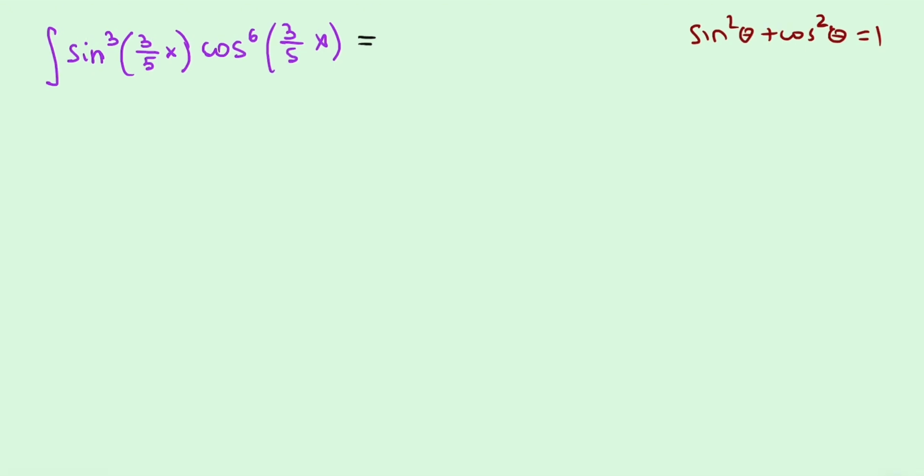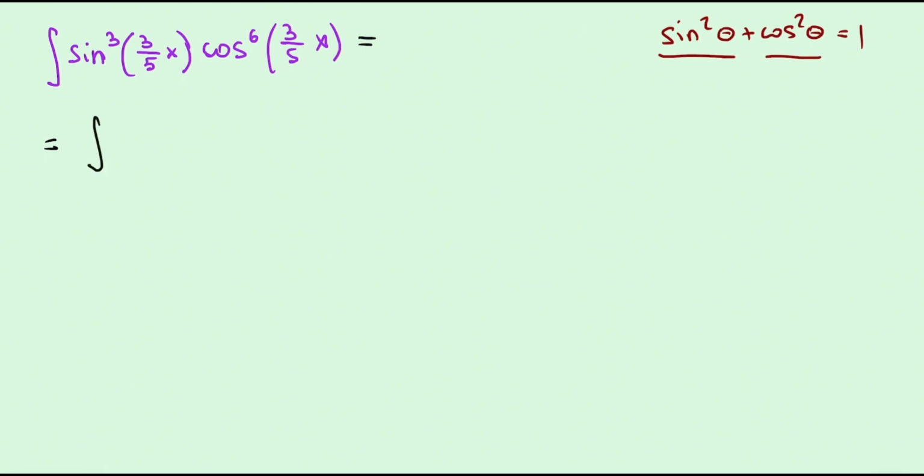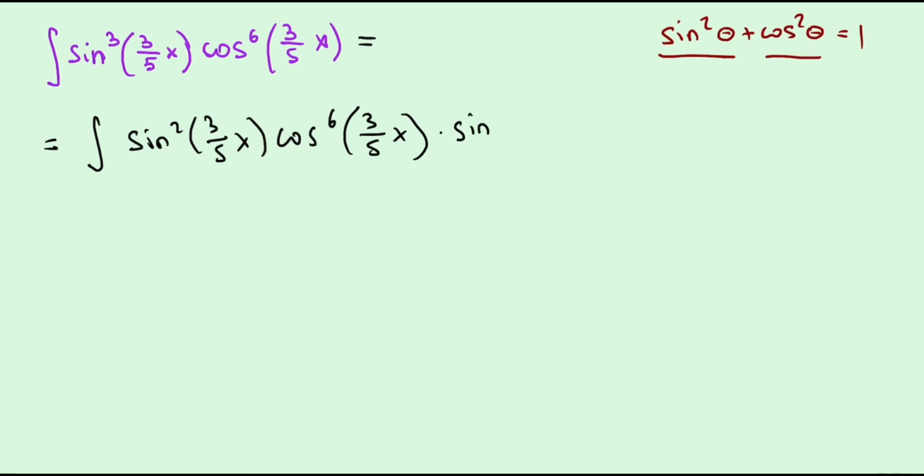In this case, let's replace sine squared theta and write it in terms of cosines. So what we will do is we will pull out the sine squared of 3/5 x and multiply this by cosine to the 6th power of 3/5 x. Then multiply this by sine of 3/5 x dx.